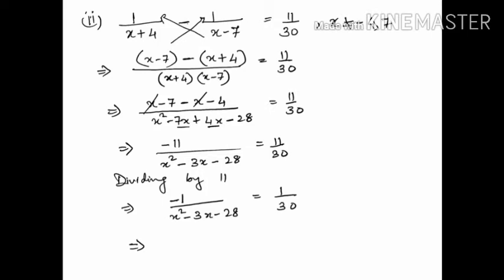So minus 30 is equal to x square minus 3x minus 28. Now we can carry minus 30 to the right side. So x square minus 3x plus 2. This is the given equation in standard form. Now we can use the quadratic formula.